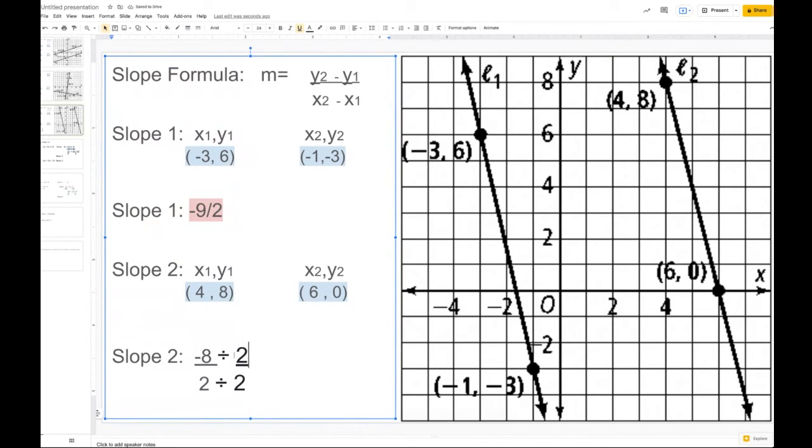It's like saying we're dividing that fraction by 1, right? So what makes 1? Any number divided by itself makes the value of 1, right? 3 divided by 3, 6 divided by 6 makes the value of 1. You can even go to 200 divided by 200 will still equal 1, right?